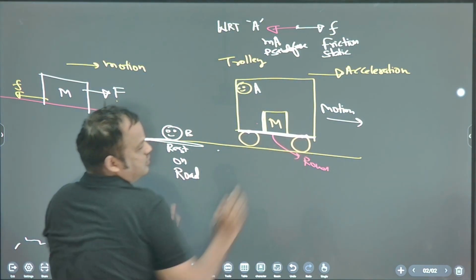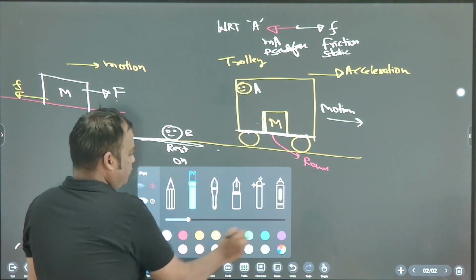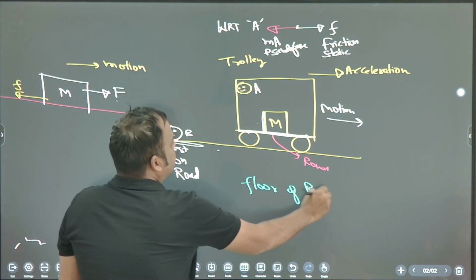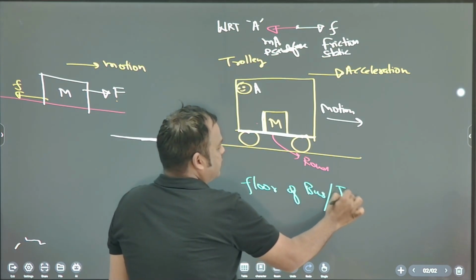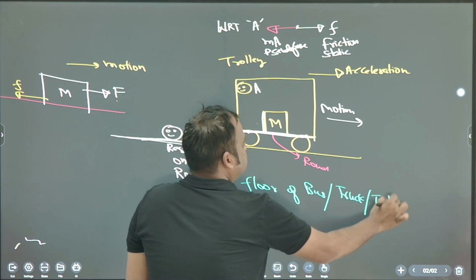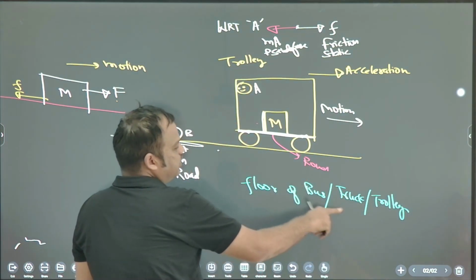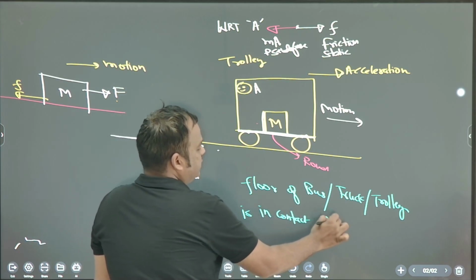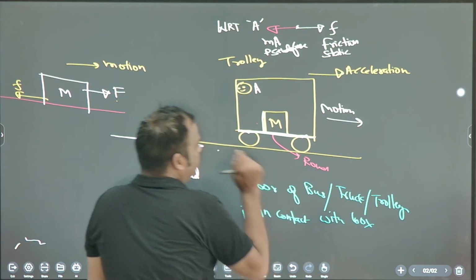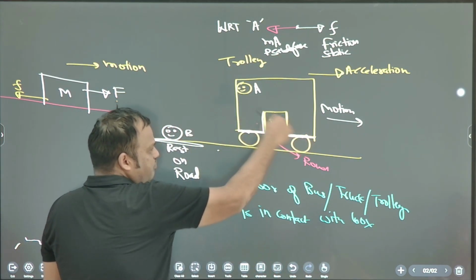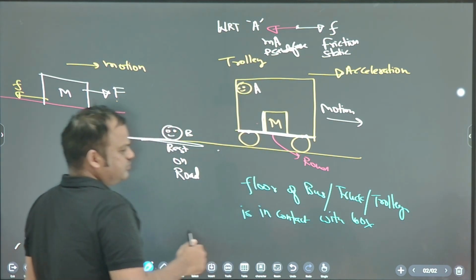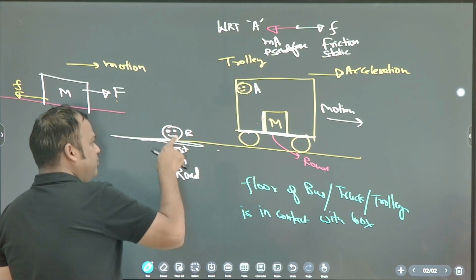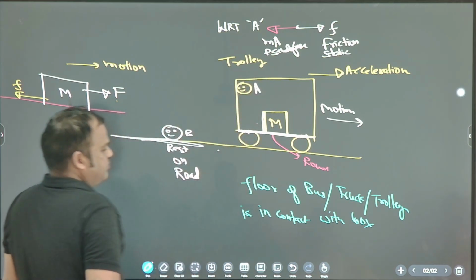Road or floor? Floor. The floor of the bus, truck, trolley is in contact with the box. Is there any relative motion between the floor of the bus and the box? No. So it is static, whether from observer B or observer A.